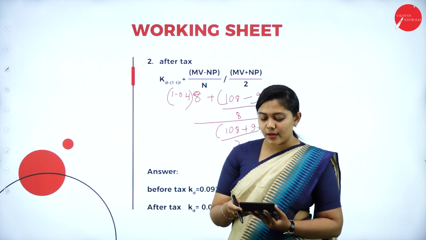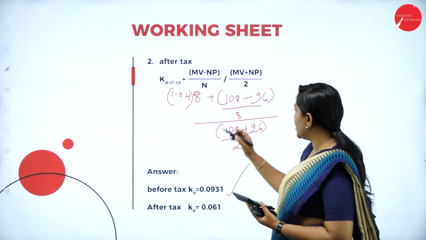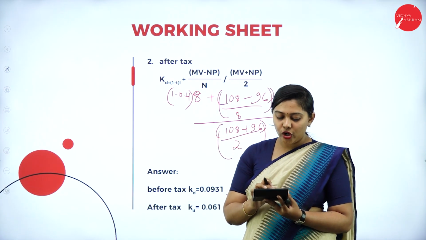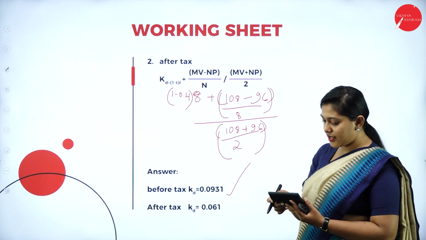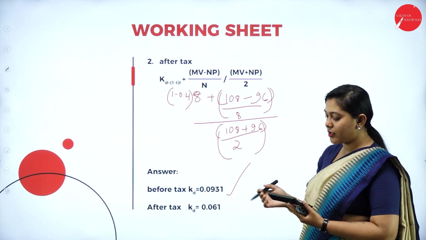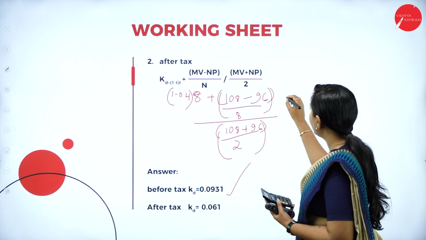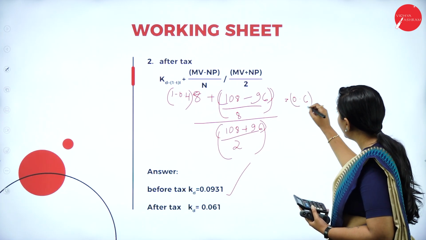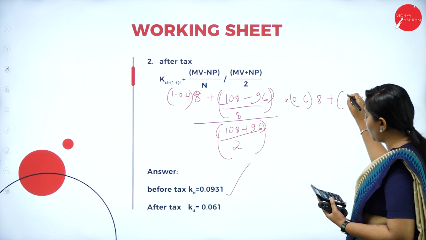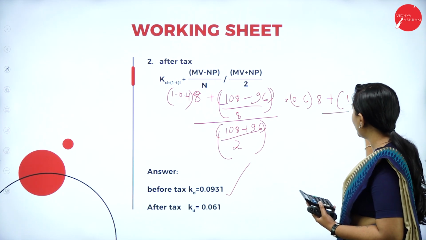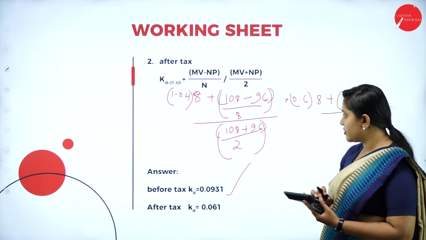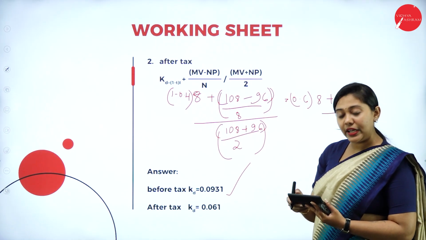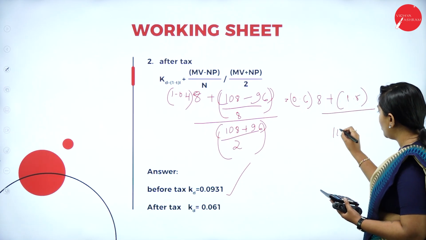So let's see the answer. Let's solve the bracket part first. 108 minus 96 divided by 8 will be 1.5. 1 minus 0.4 will be 0.6. 108 plus 96 divided by 2 will be 102.